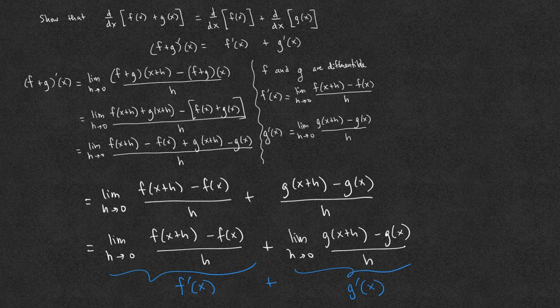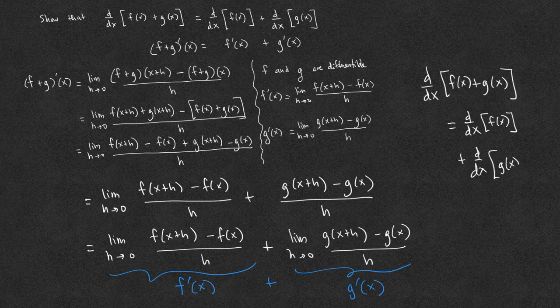And so what we just showed is that the derivative of the function f of x plus g of x is separately the derivative of the function f of x plus the derivative of the function g of x.